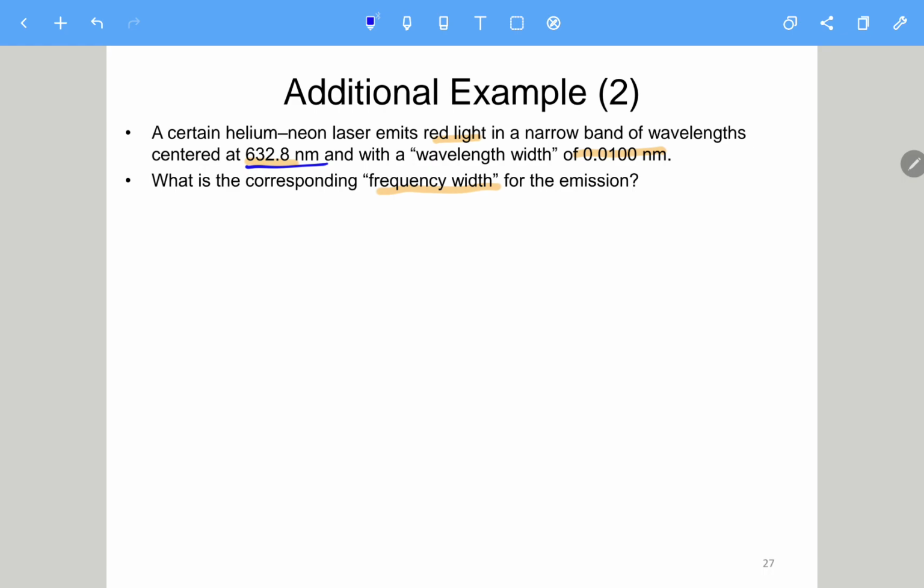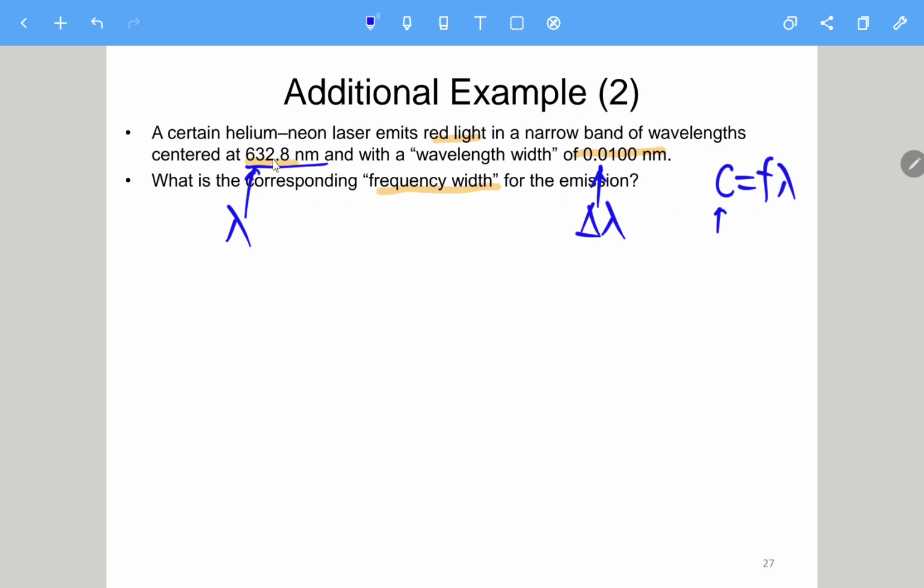Here this is lambda, and this is delta lambda. As I mentioned, c equals f lambda in the vacuum, where c is the speed of light, so if we know lambda, we can determine the frequency.